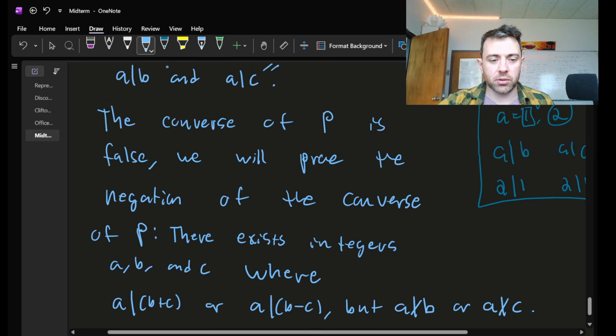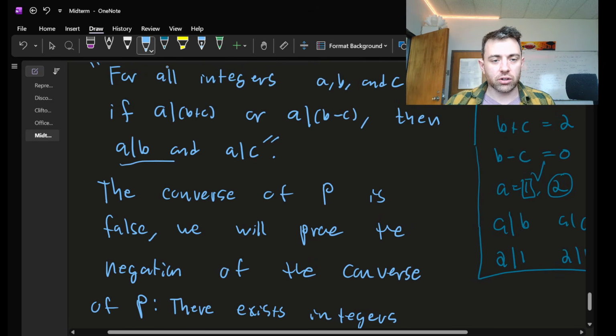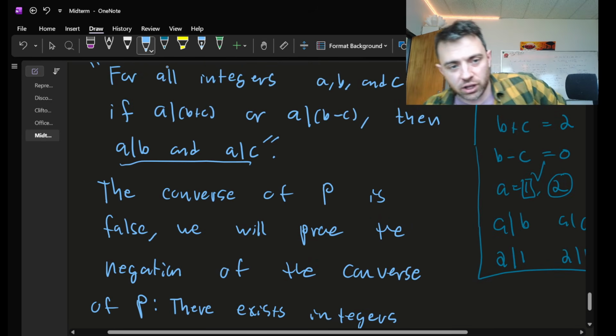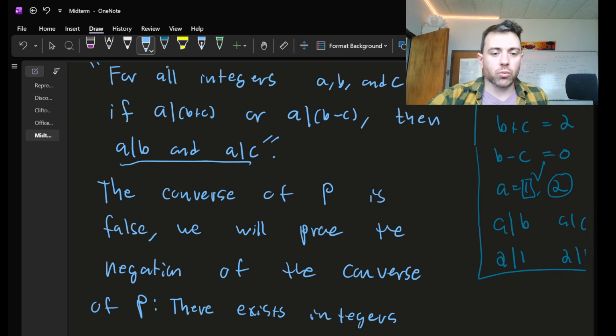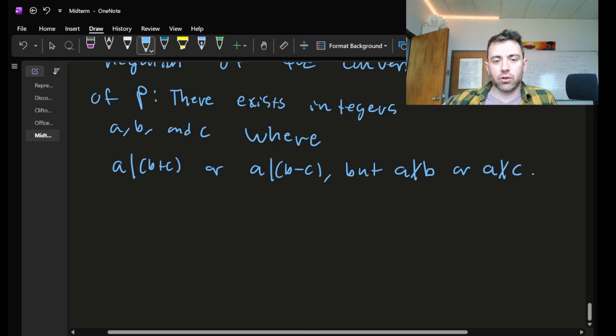So we have to remember we're negating the conclusion here, which is an and statement. So we're just trying to prove an or. So we really only need to argue that one of those two things holds, right?